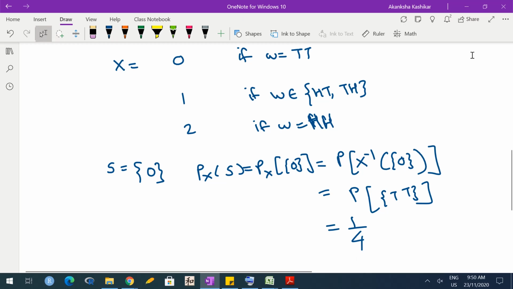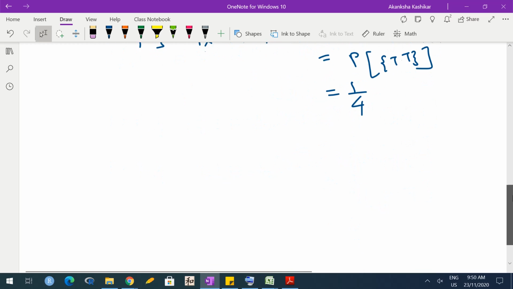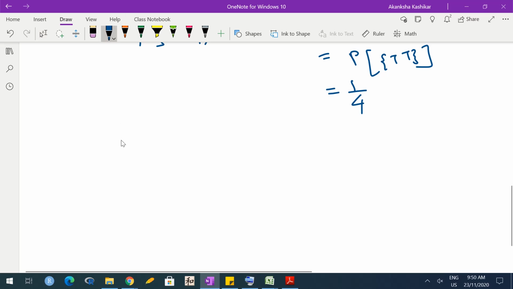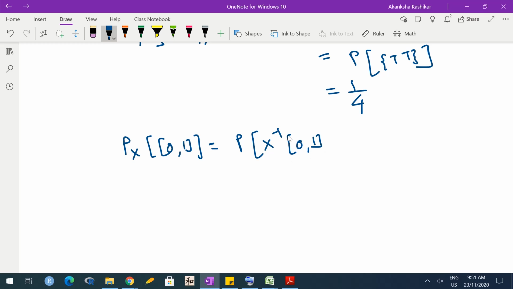Instead of this, suppose I want to compute the probability of the closed interval [0, 1]. So Px of [0, 1], closed interval. 0 and 1 both belong to S. So this is the probability of X inverse of [0, 1].